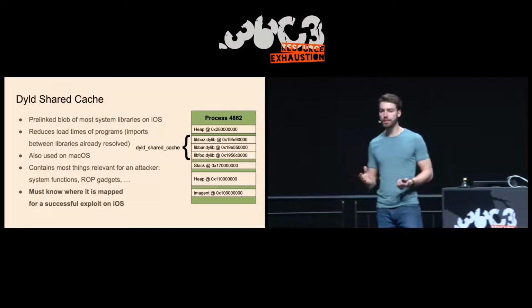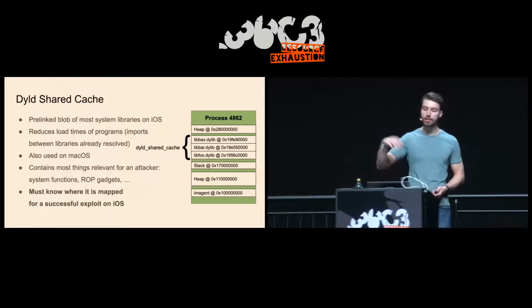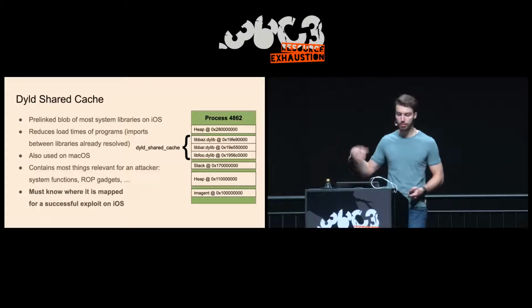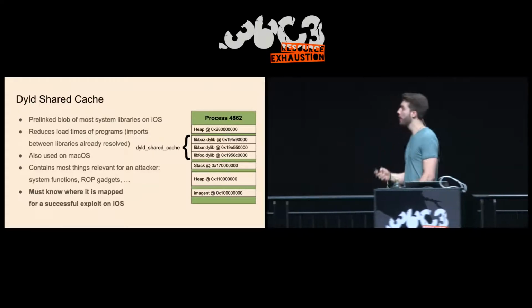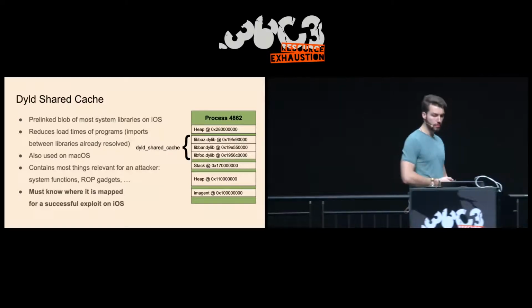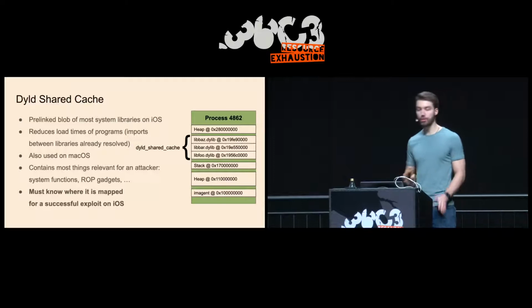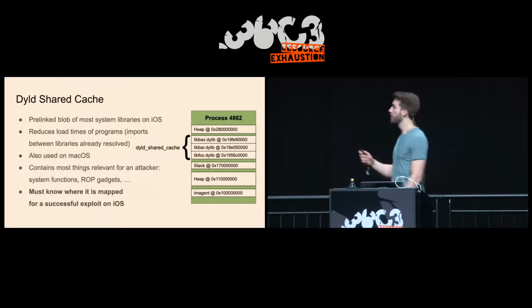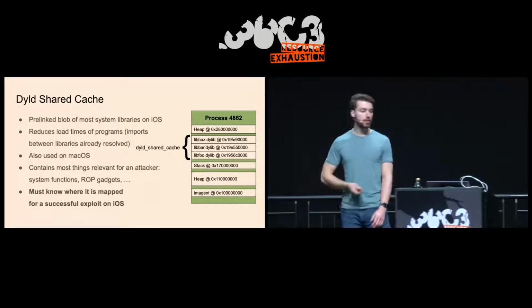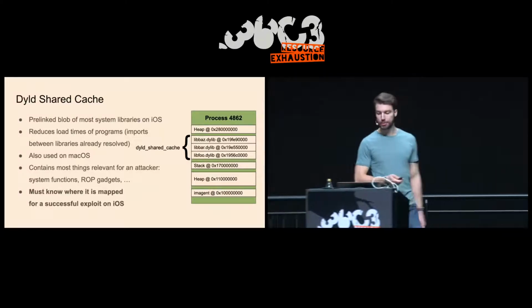The idea is that this speeds up loading times because all the interdependencies between libraries are resolved pretty much at compile time. But yeah, so we have this gigantic binary blob, and it has everything we need. It has all the code, all the ROP gadgets, and all the Objective-C classes. So we have to know where this DYLD shared cache is mapped.